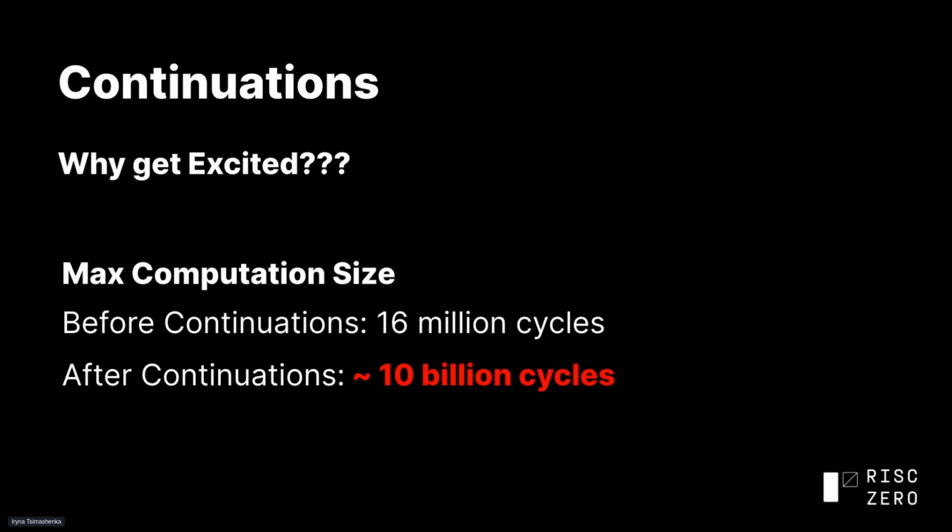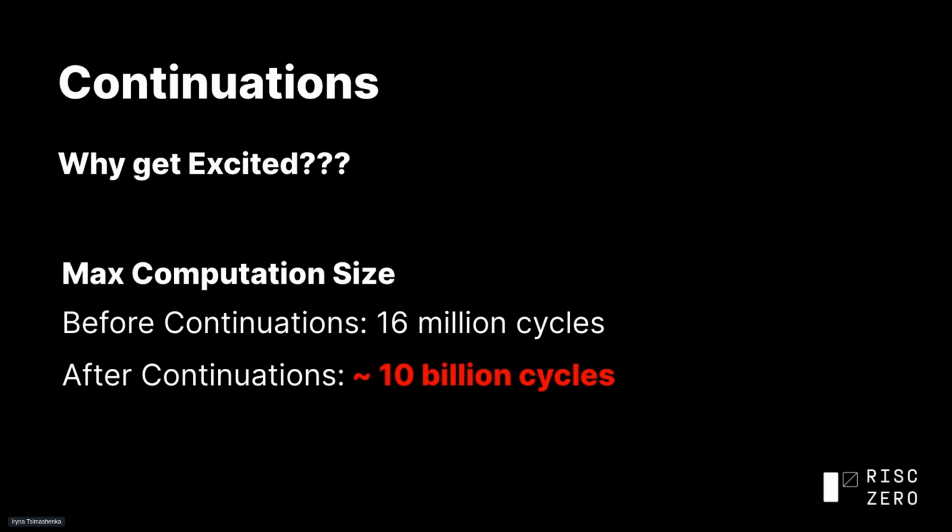So now we have 10 billion cycles, but the theoretical maximum is around 100 trillion. But this is the largest that we have run, and very exciting times for sure.